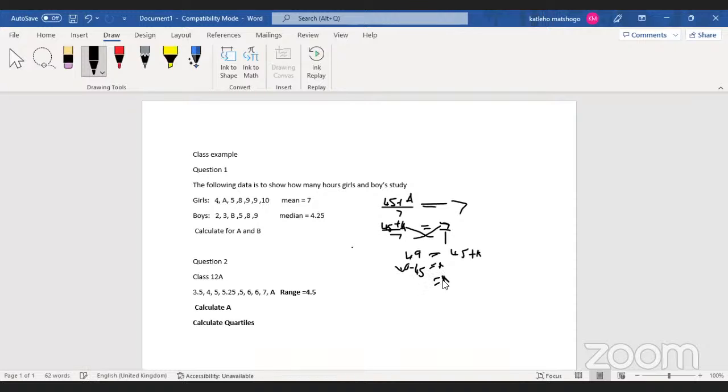So our A is 49 minus 45, which is equal to 5. So that's how you calculate for A, because we were given the mean.